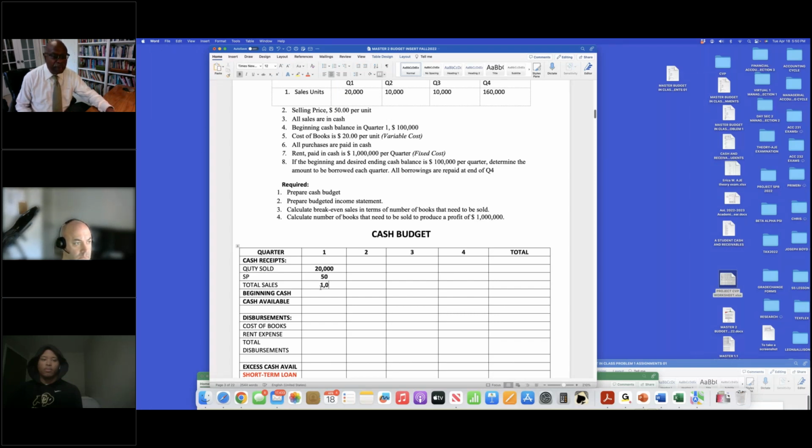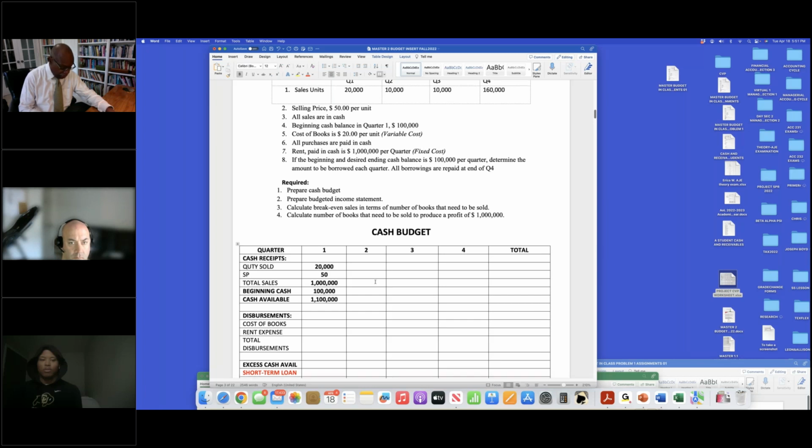And our beginning cash balance was 100,000, so our cash available is 1,100,000. Now, if we sell 20,000 books, we've got to buy 20,000 books. The books are costing $20 per book. It's the cost per unit. So the books are going to be 400,000.